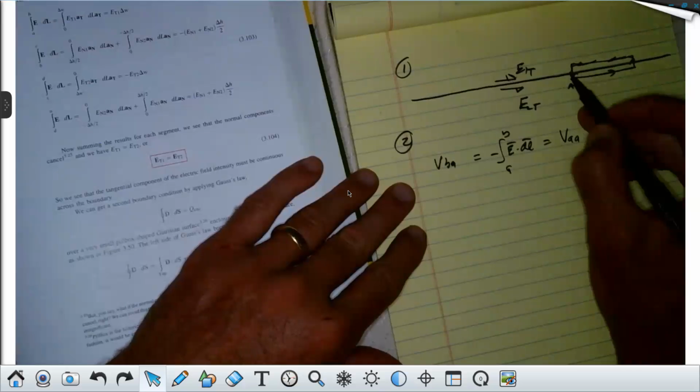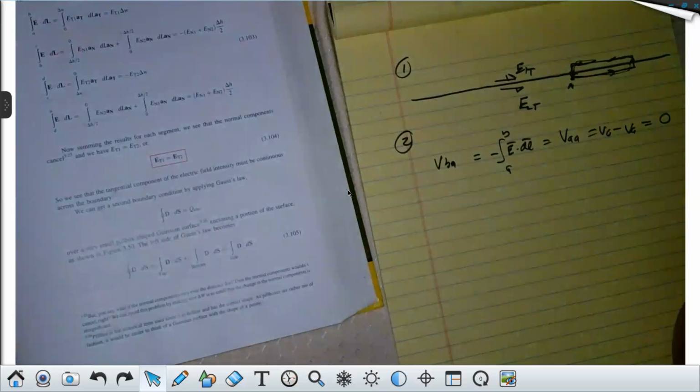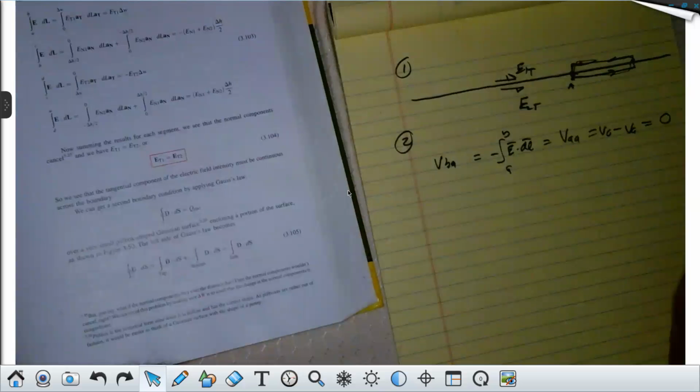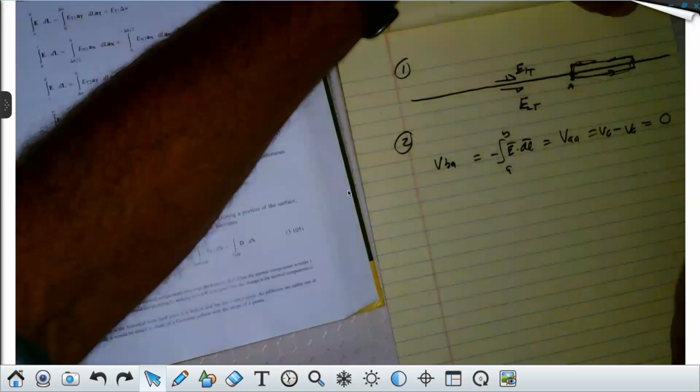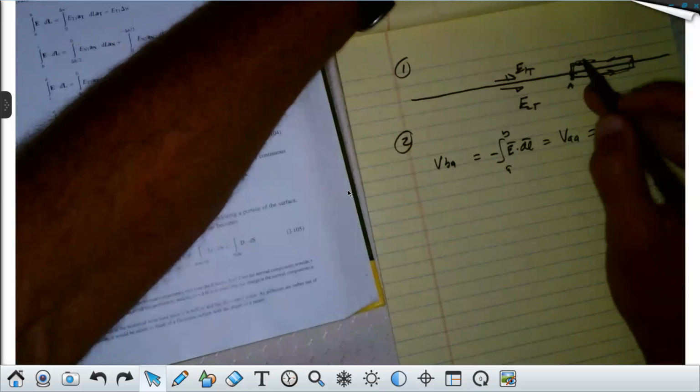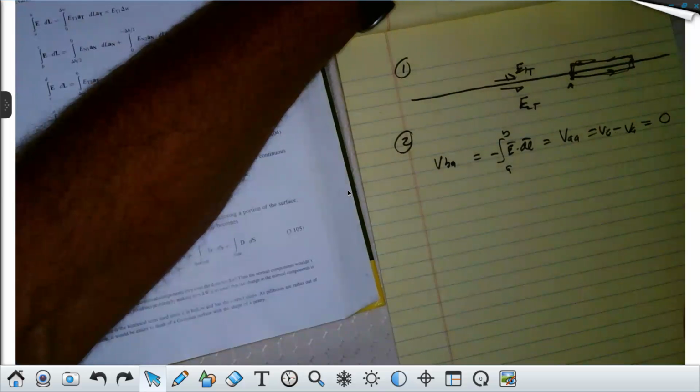So if you integrate around this total path, you've got to get 0 volts in electrostatics. Now, that is not true for time-varying magnetic or time-varying electric fields. It doesn't have to be 0. That comes later when we get into propagating electric fields. But in electrostatics, if we integrate around, you get 0.